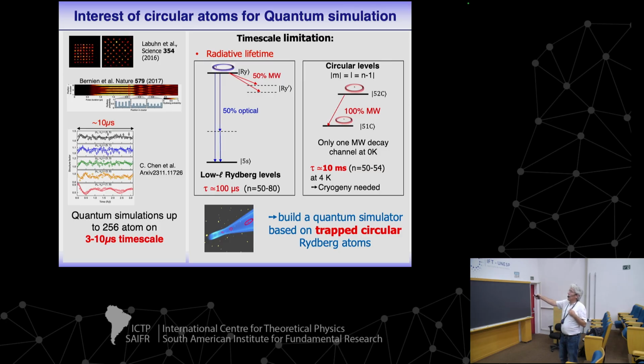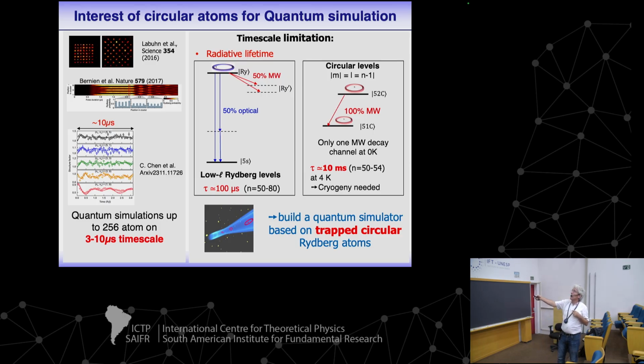And half of the spontaneous emission is due to optical transitions, not directly to the ground state, but eventually in 2 or 3 steps. And the other half is a microwave transition between the low angular momentum Rydberg level and a neighboring Rydberg level. This is enhanced by the presence of blackbody radiation for this experiment, which is performed at room temperature.